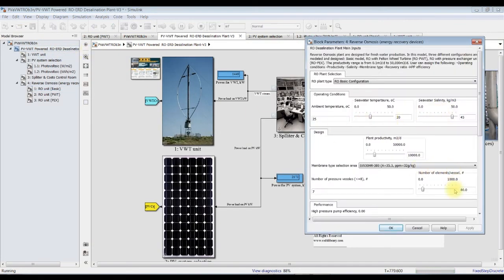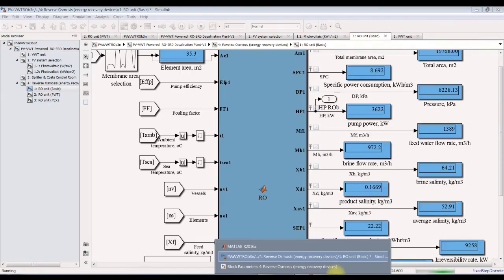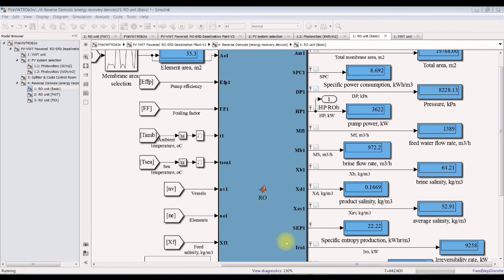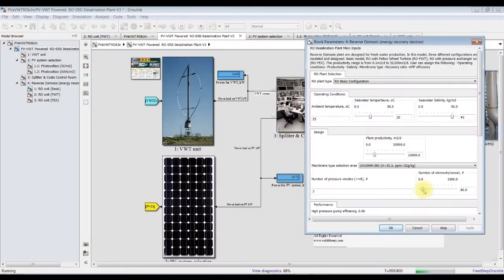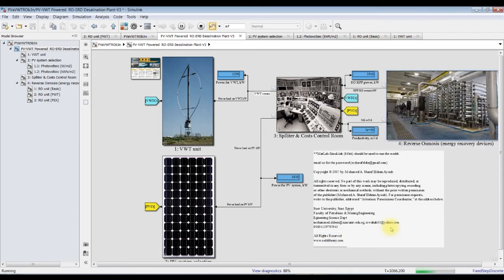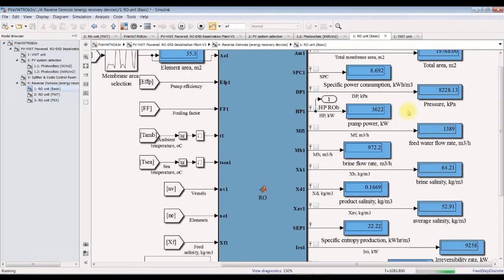Let's go for increasing the membranes, yes, increasing membranes up to 120 elements. Yes, decreasing the pressure, adjusting the pressure, as this is 3 megawatts. Okay, let's hit stop.